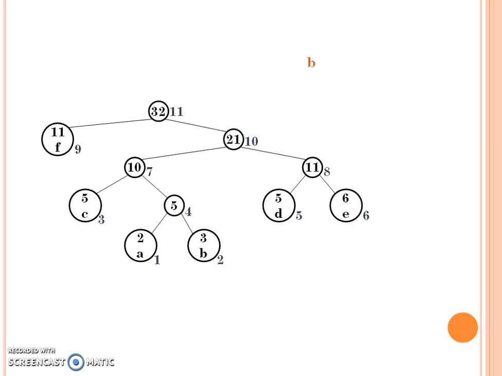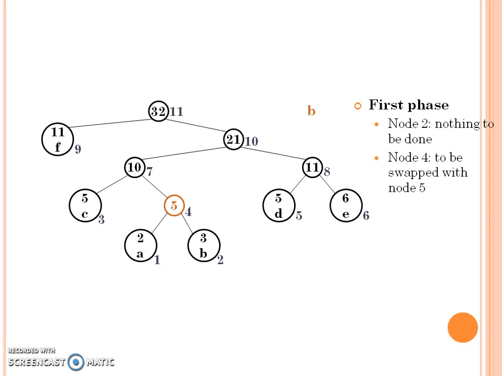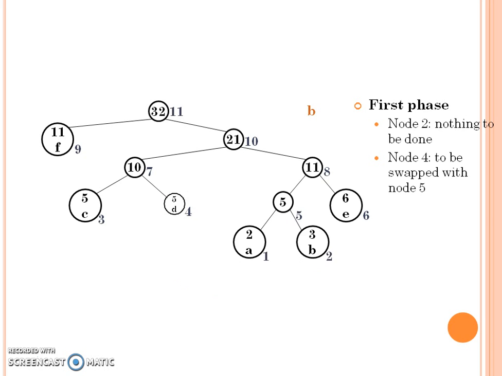Here, when B arrives, in the first phase we will not increase the frequency of B. We will just swap node 4 and 5. Then we will swap node 8 and 9, as when the frequency of B changes, it will become 4.